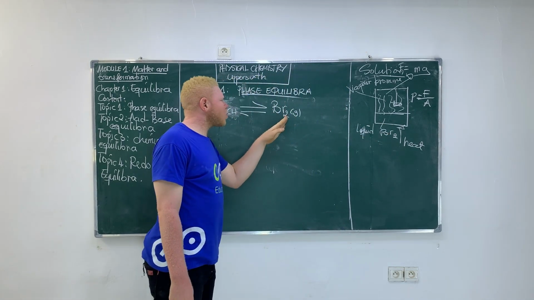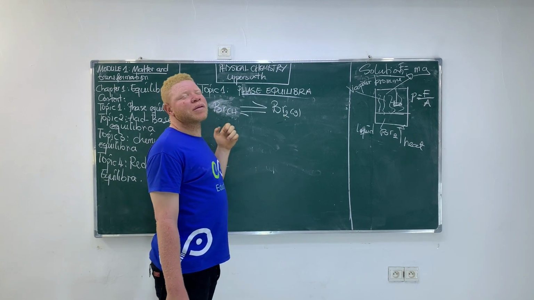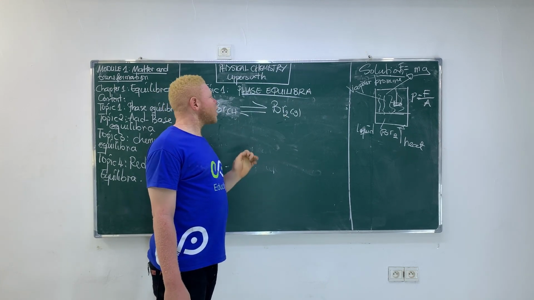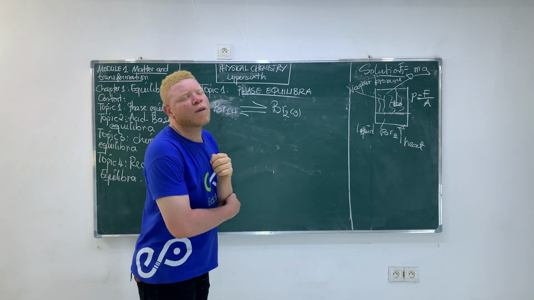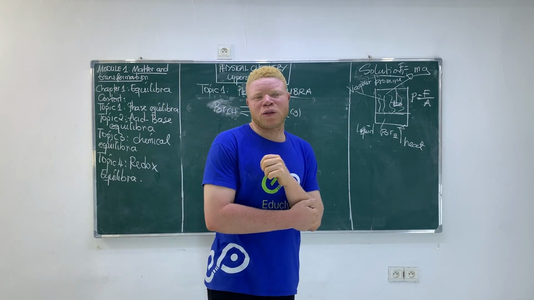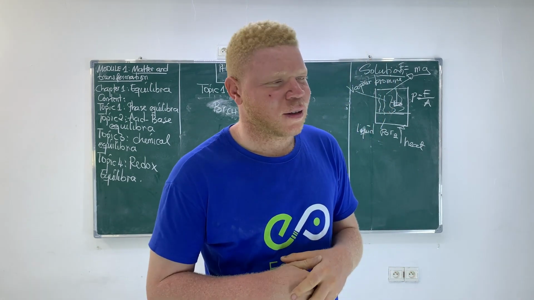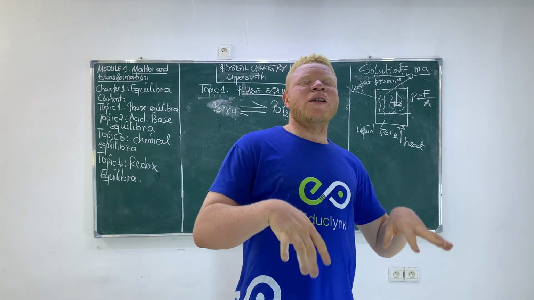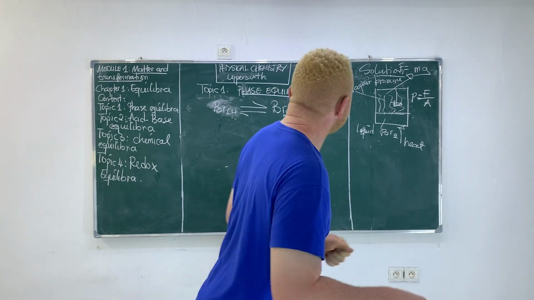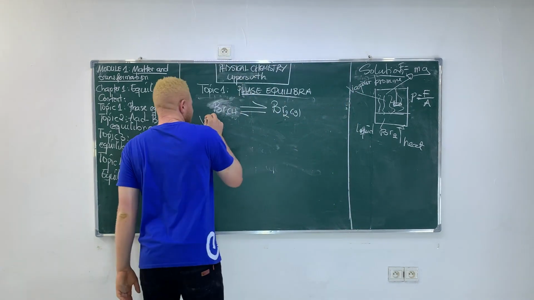So the gaseous phase exerts a force on the liquid phase when the system is at equilibrium, and that force is characterized by pressure. The pressure is the force per unit area. So this pressure exerted on the liquid is called vapor pressure.